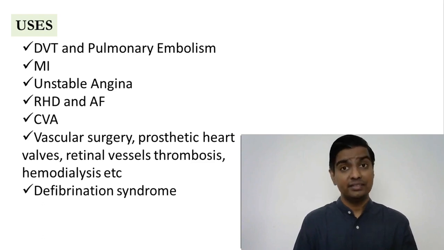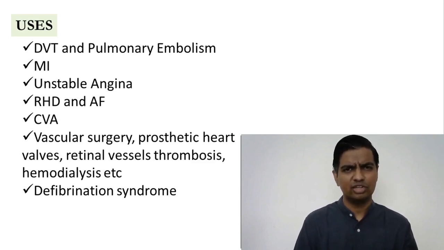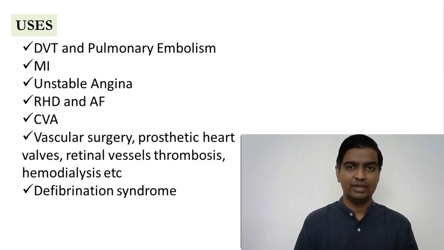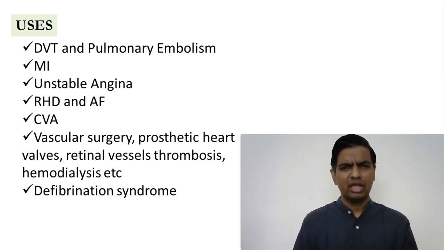Okay, and there's a syndrome called defibrination syndrome, also known as DIC, disseminated intravascular coagulation. In that condition also we can give it. Now you will be wondering, if fibrin is less, then why are we giving a medicine that decreases clotting? The concept of DIC is beyond the scope of pharmacology, but let me tell you this so it makes sense.